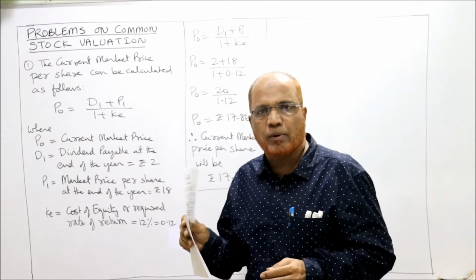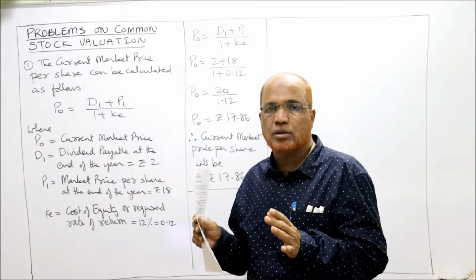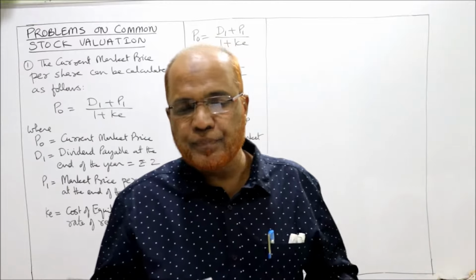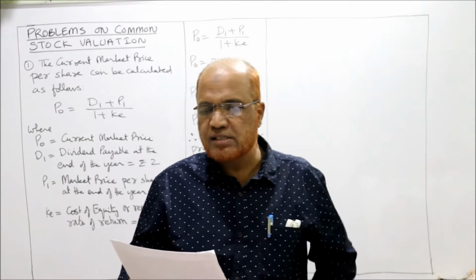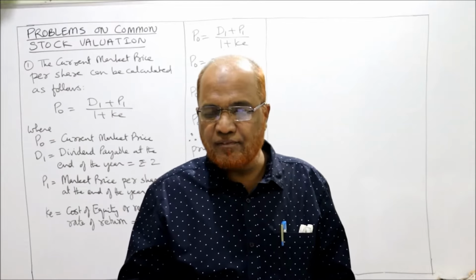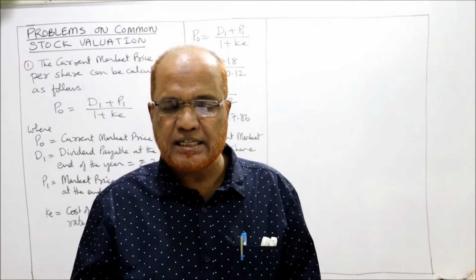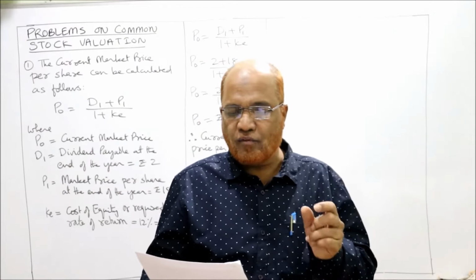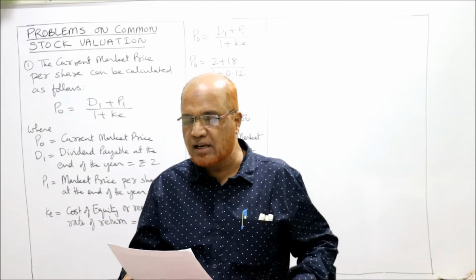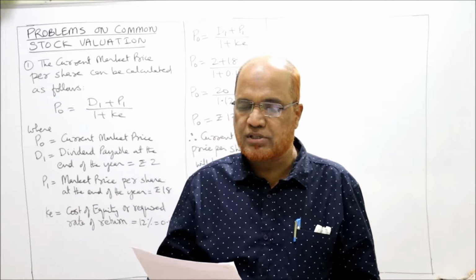Now from here onwards we'll start the problems. So I'm starting the first problem on common stock valuation. Now see the problem carefully. P Limited's equity share is expected to provide a dividend of rupees 2 and fetch a price of rupees 18 a year hence. What price would it sell for now if the investor's required rate of return is 12%?